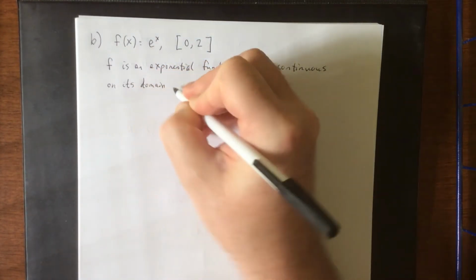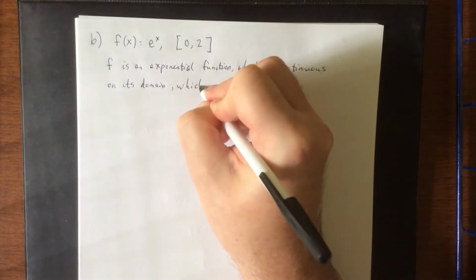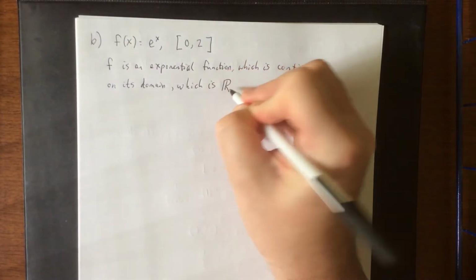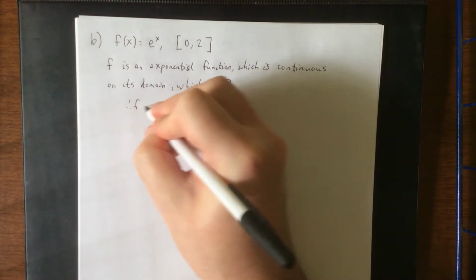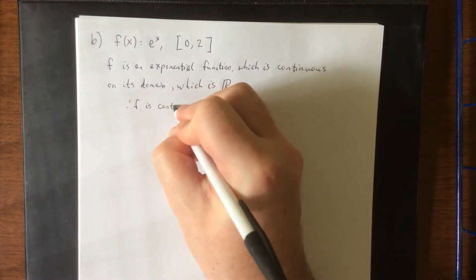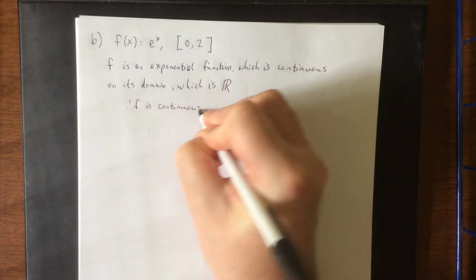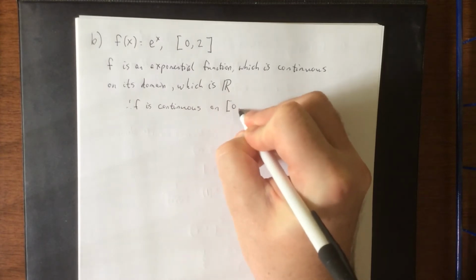The domain of this exponential function is going to be all real numbers. Therefore, f is definitely continuous on the closed interval from 0 to 2.